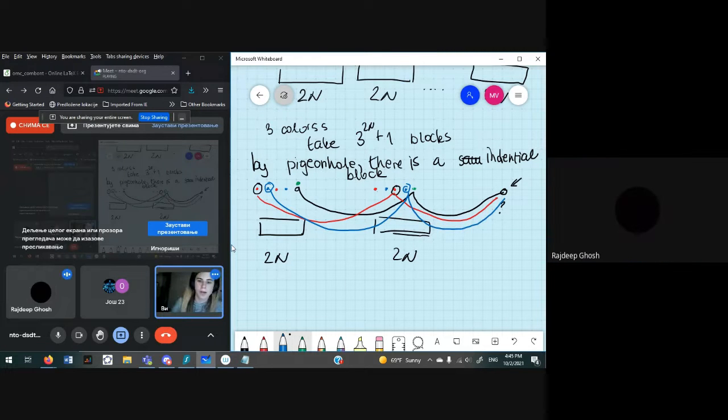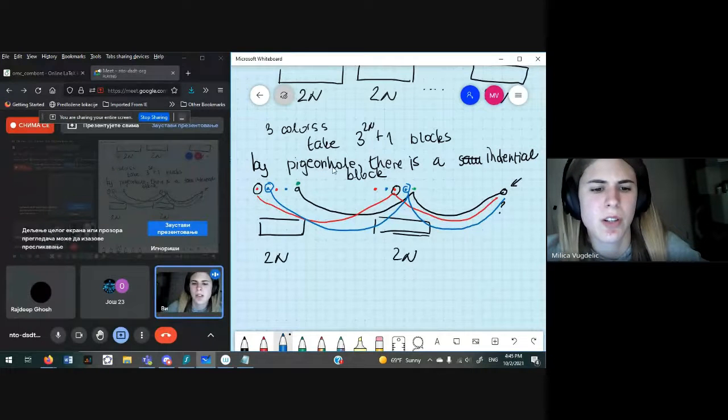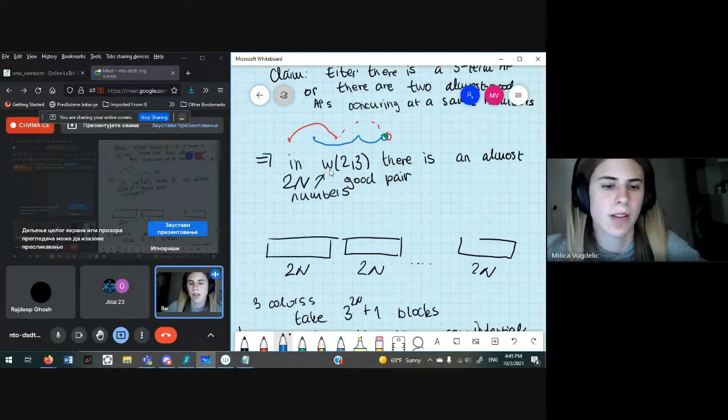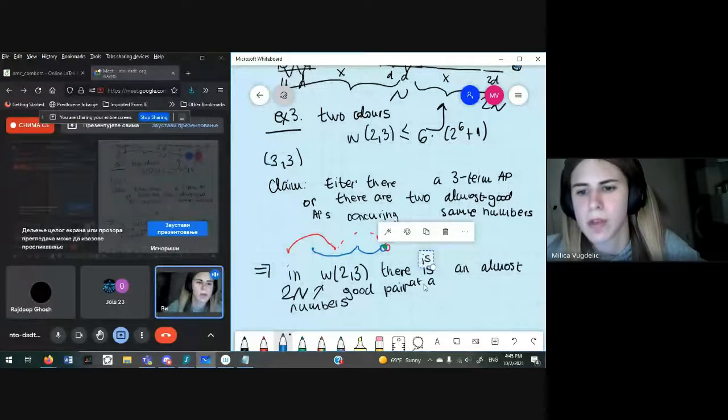I just kind of wanted to ask why we did 2N, because we can force an almost good block in N. Yeah. I just wasn't sure about what the N was, if I'm taking the van der Waerden W of the previous one. So I was like, alright, I'm moving things.